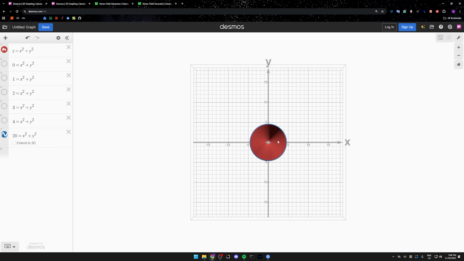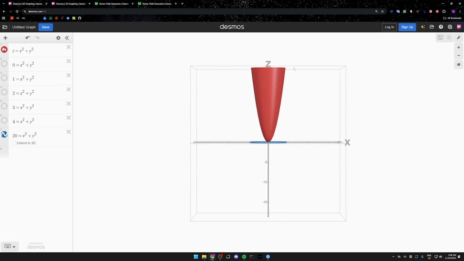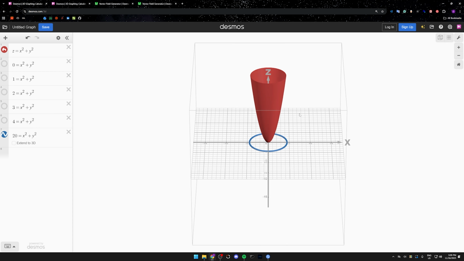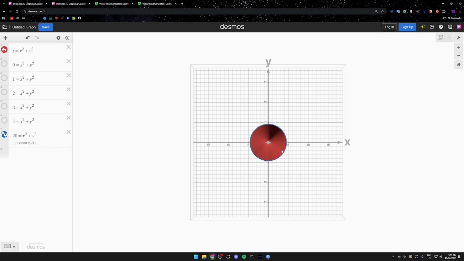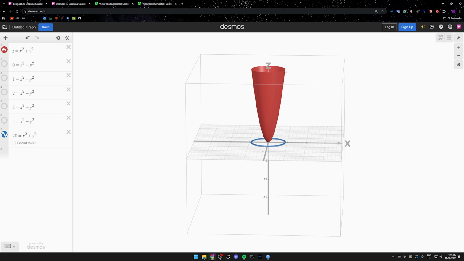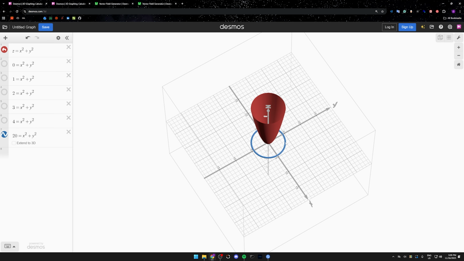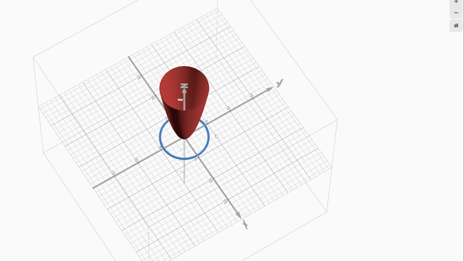I think this is the perfect height. And so at z equals 20, we are somewhere here. In this level curve, we are in this top region. And at 2, 4, we are right here.